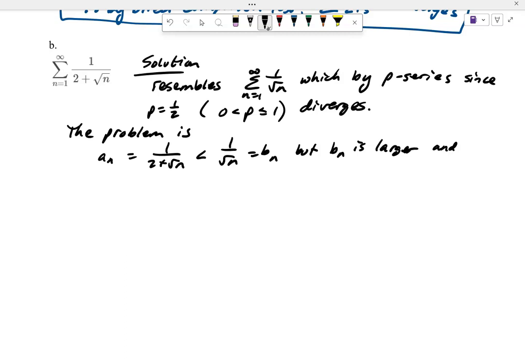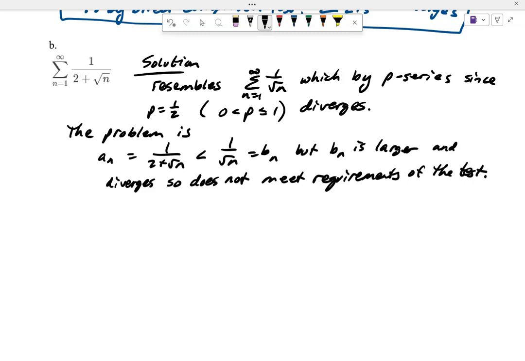If it's smaller and diverging, then the larger one diverges, right? But this is larger and diverges. So it does not meet the requirements of the test. Well, let's still go with this being diverging. Still expecting the series to diverge.